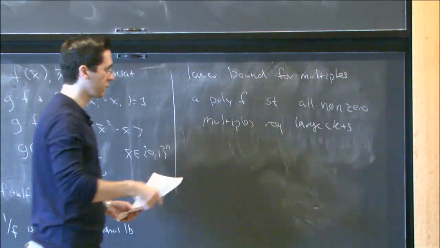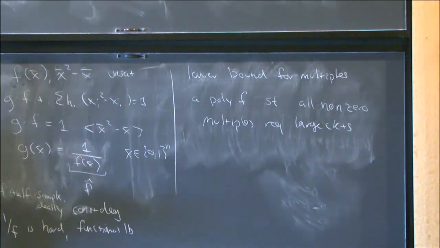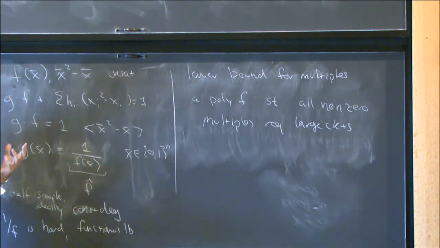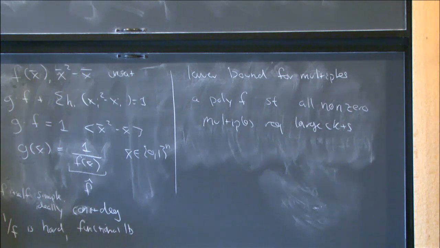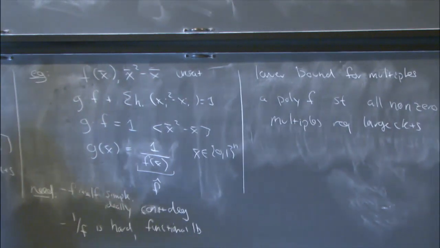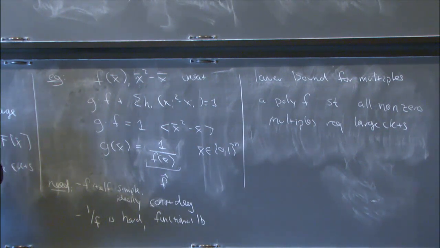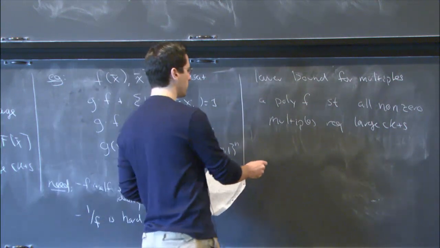It means that f squared, f times x, all of these things require large circuits. You would kind of expect this to be true to some extent, because if you consider the determinant, it's very non-sparse. It seems like if you multiply the determinant by something, it should still not be sparse. That's an intuitive statement, but there are some challenges in proving something like this.